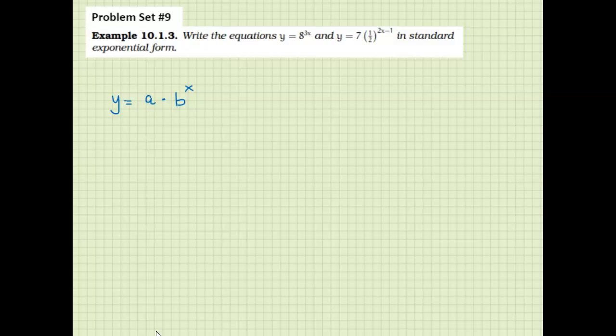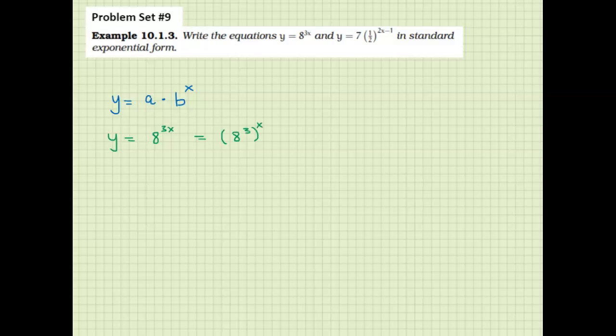So this first one, y equals 8 to the 3x, we want to put in standard form. Notice that this exponent is 3x rather than the x alone, which you need for the standard form. So to put it in standard form, you want to write this as 8 to the 3 to the x.